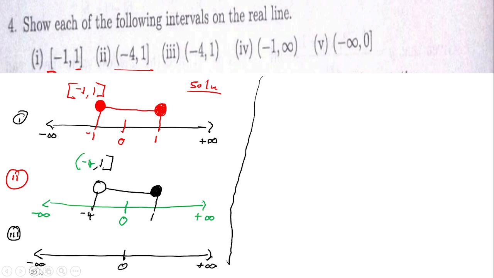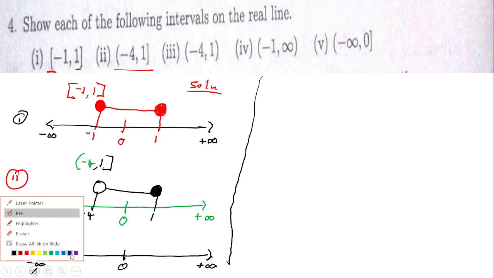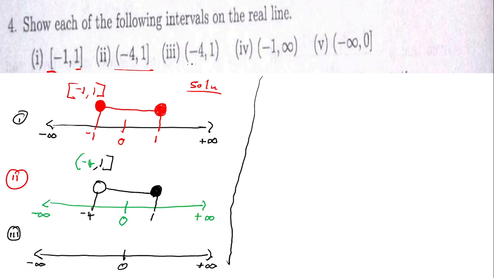So from here, what we can simply do is look at this bracket here. This bracket is just saying that negative 4 is not part of the set. So we are going to draw a line on top. We put negative 4, and since it's not part of the set, you are going to put an unshaded circle.